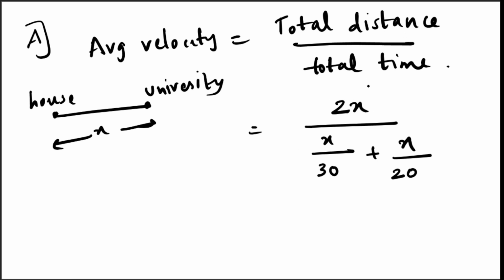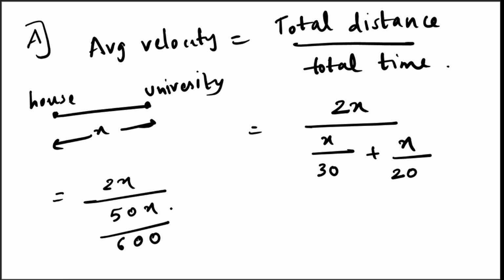Total distance is 2x. Total time is the time taken to travel from house to university, and time is equal to distance by velocity, right? So x by 30, plus x by 20. Then what we get is 2x by (20x plus 30x) by 30 into 20, which is 600, right? That is equal to 2x into 600 divided by 50x.